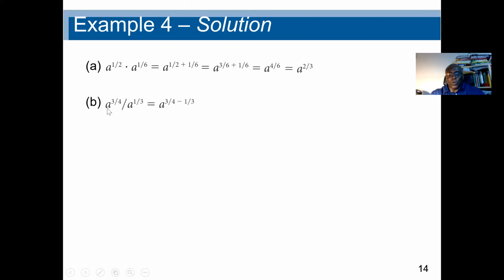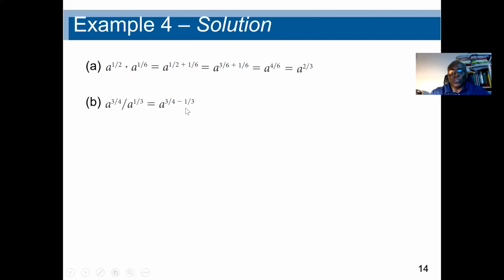The next example, we have a to the 3/4 divided by a raised to the power 1/3. Again, the base are the same, and we are dividing, so we subtract the denominator exponent from the numerator exponent. So we get 3/4 minus 1/3.